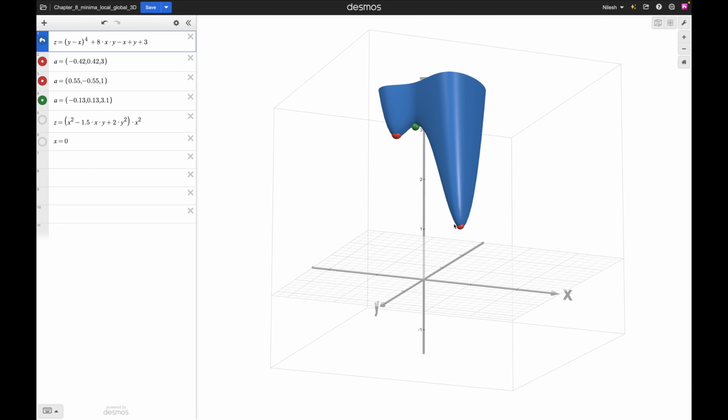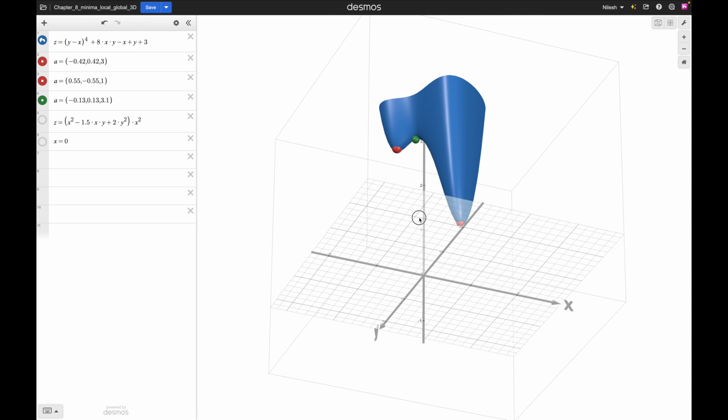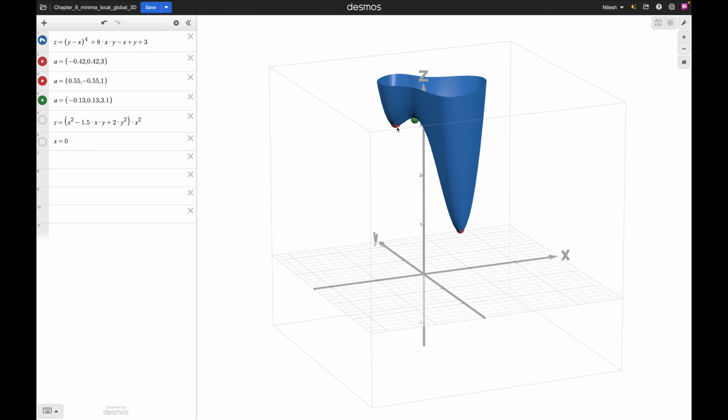There is a red dot, and as we saw earlier, this is the local minima, as you can see, because there is another minima on that surface which is right here. This is a global minima because there is no point on the f of x surface on the screen here which has a point lower than this one. So that's the global minima.